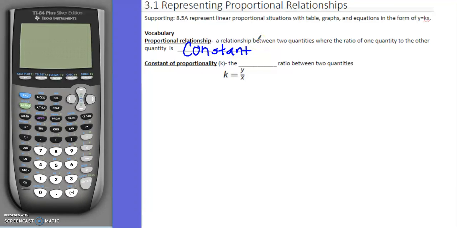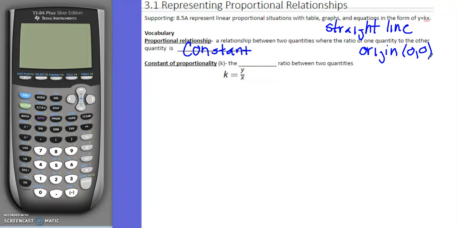Alright, so just remember, if it is a proportional relationship on a graph, it has to be a straight line, and it also has to pass through the origin. Remember that the origin is the ordered pair 0, 0. It's where the x and the y-axis intersect.